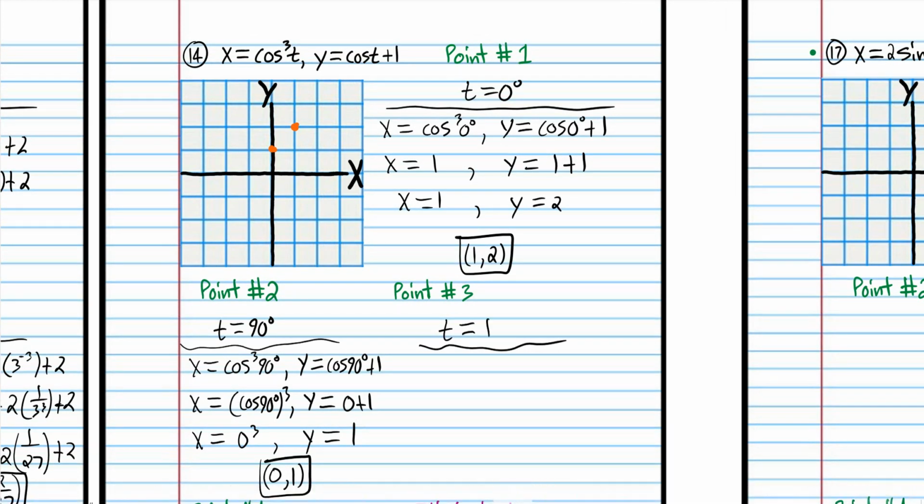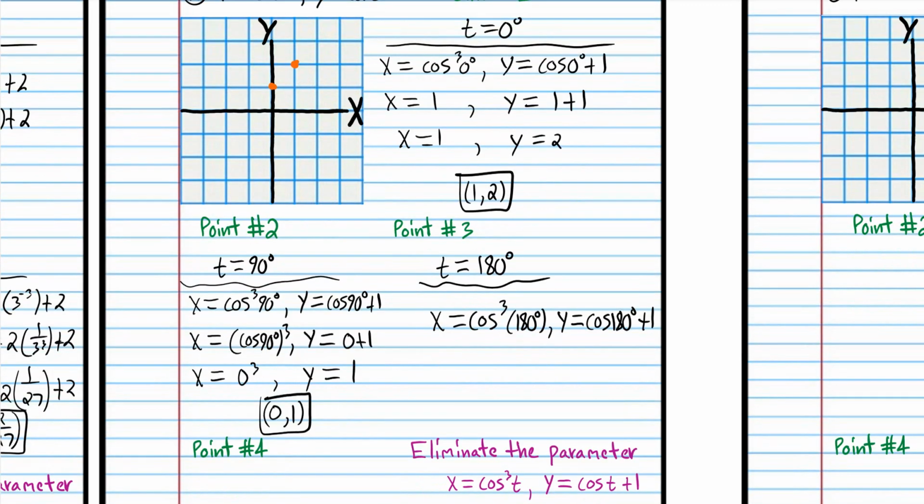Let's choose 180 degrees. So x is equal to cosine cubed 180. y is equal to cosine 180 plus 1. So cosine 180 is negative 1.